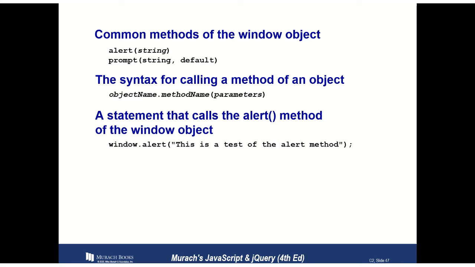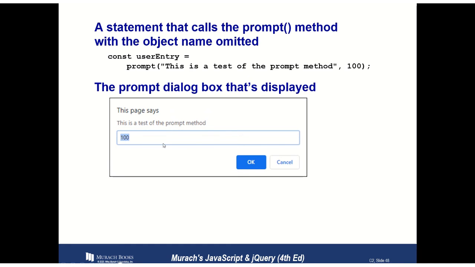So window.alert, you are basically calling a method under the window object. That's how we call it. The statement that calls the prompt method with the object name omitted: user entry equals prompt, this is a test of the prompt method, and you put 100.